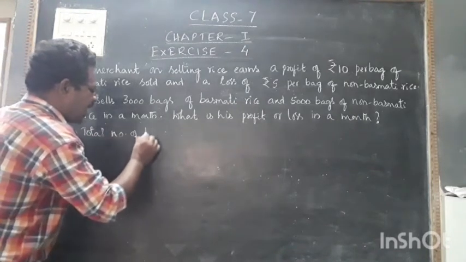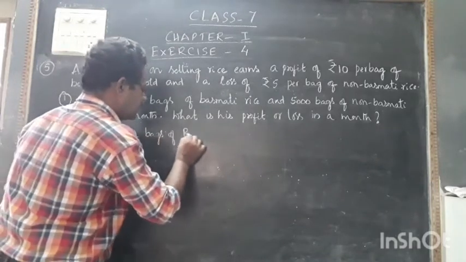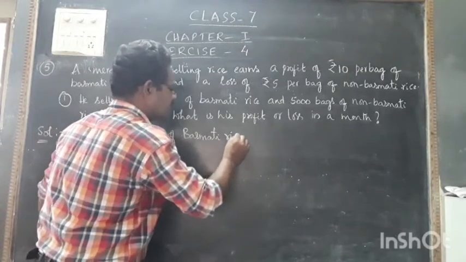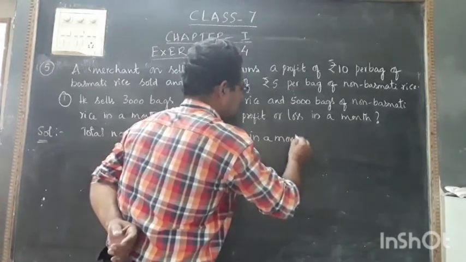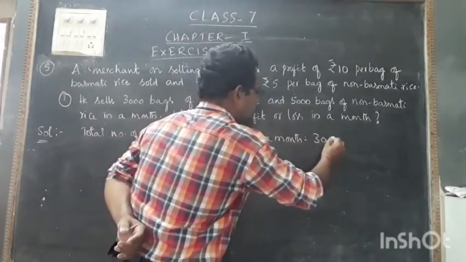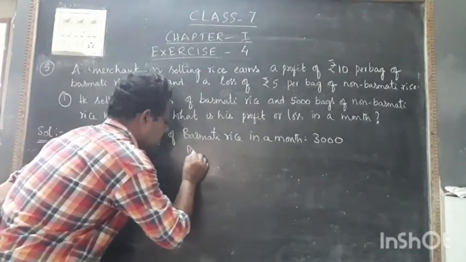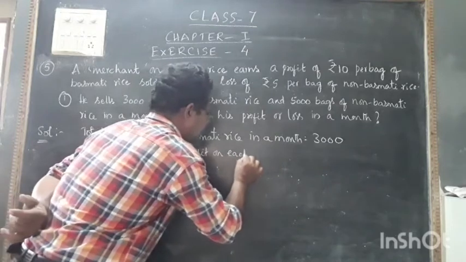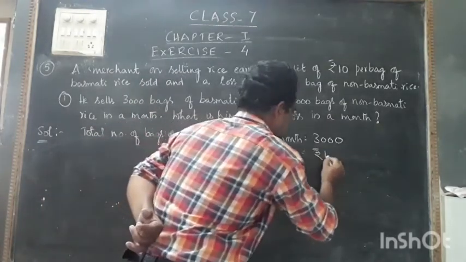total number of bags of basmati rice in a month is equal to 3,000 bags. Okay. Profit on each bag is equal to how much? 10 rupees.